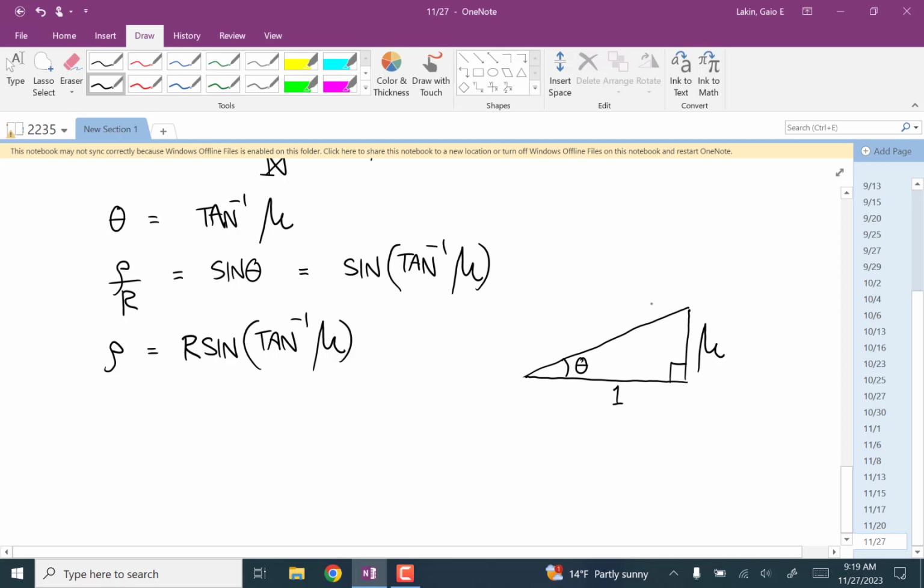Then from the Pythagorean theorem, this is equal to the square root of 1 plus mu squared. Okay, and so the sine of that angle then, this rho is equal to r times mu over the square root of 1 plus mu squared.